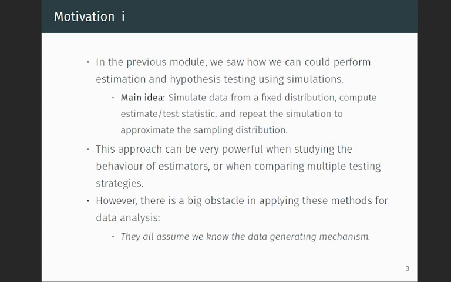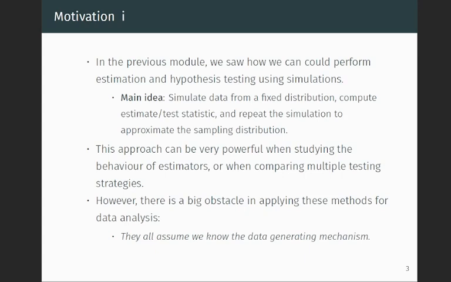And once you have an approximation for the sampling distribution, you can derive all sorts of statistics. You can find the mean, and therefore the bias for your estimator. You can find the standard error, etc. And this approach can be very powerful when studying the behavior of estimators or when comparing multiple testing strategies. And we did look at this, and this is the basis of a lot of statistical research nowadays.